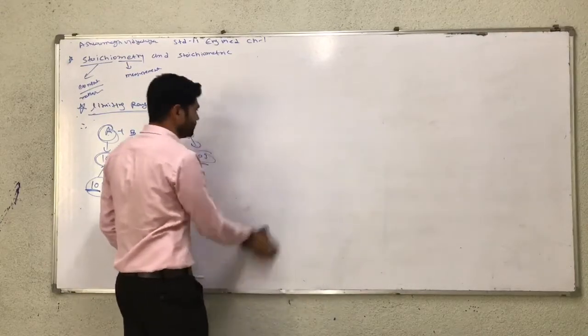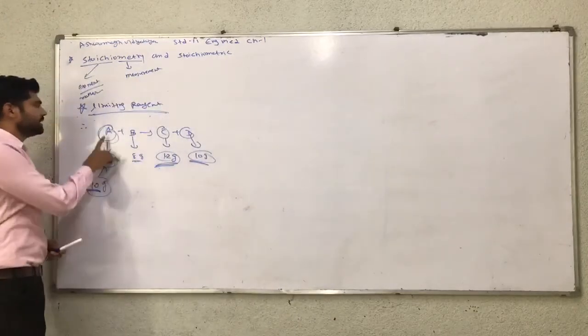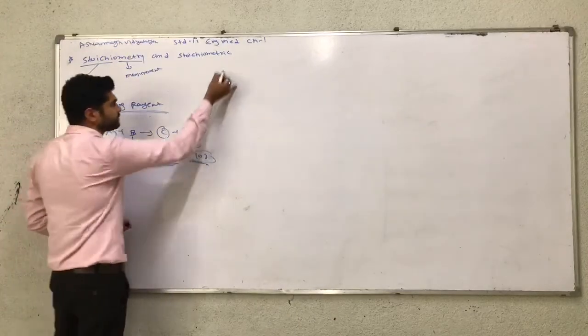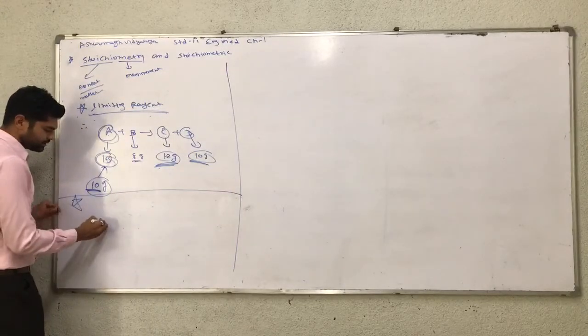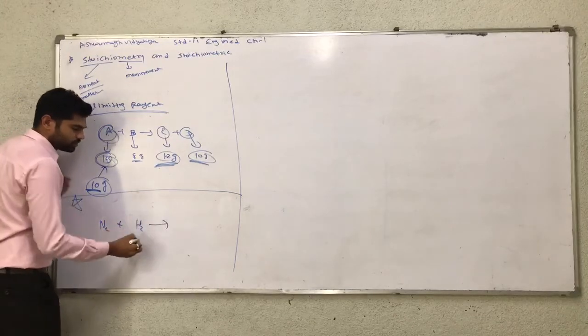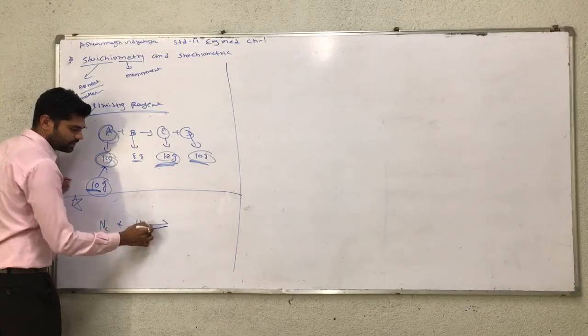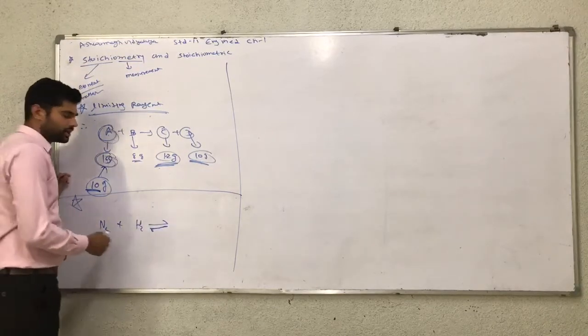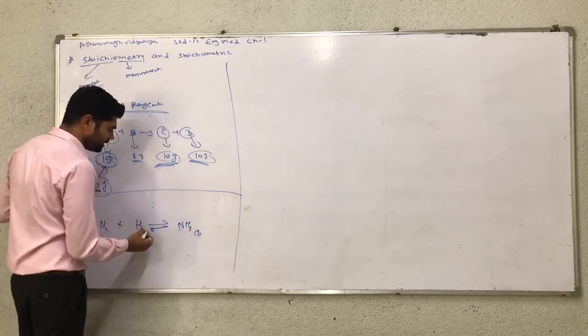In this case, that element or compound is known as the limiting reagent. Using this concept, for example, N2 plus H2 gives NH3 gas. The reaction is reversible, both product to reactant and reactant to product are possible.